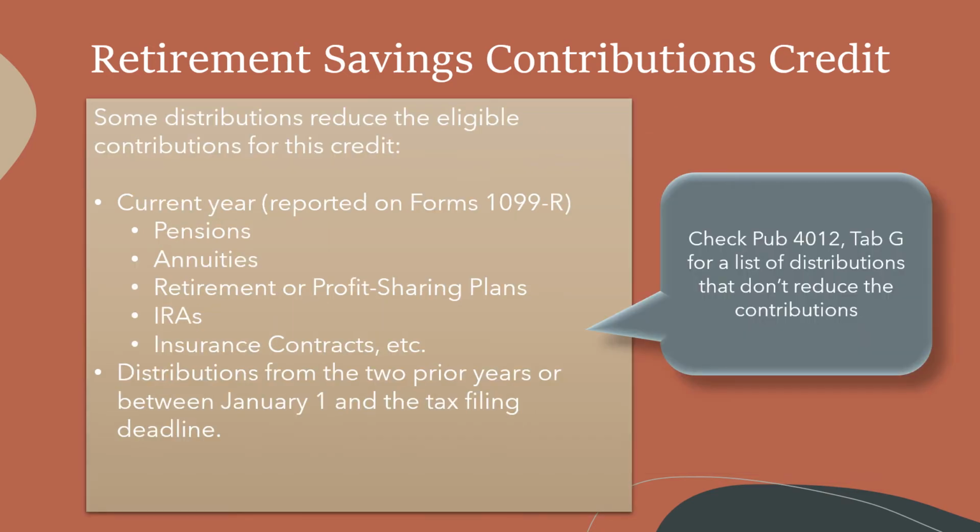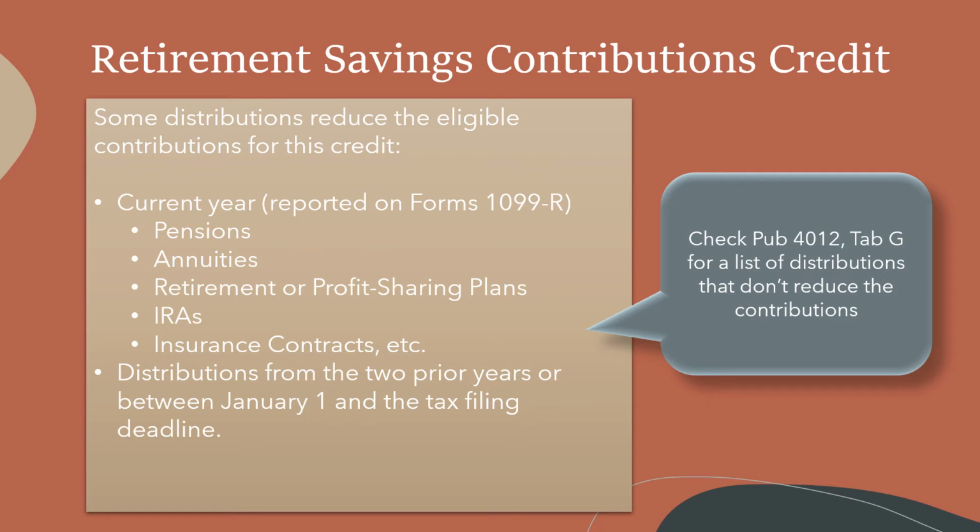It is important to note, though, that if our taxpayers had distributions from these types of accounts, those reduce the eligible contributions for this credit. So if you're seeing a current year Form 1099-R, again, 1099-R is for our pensions, annuities, retirement or profit sharing plans, IRAs, insurance contracts.